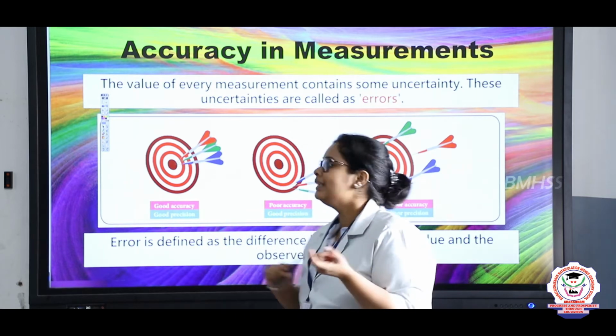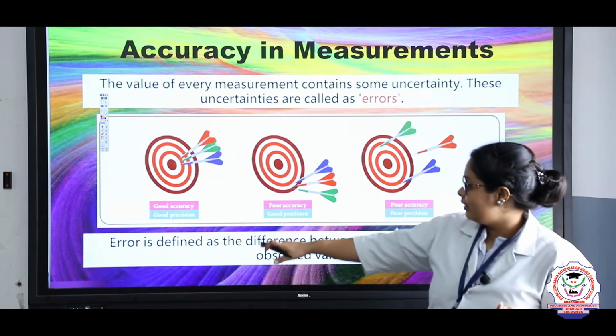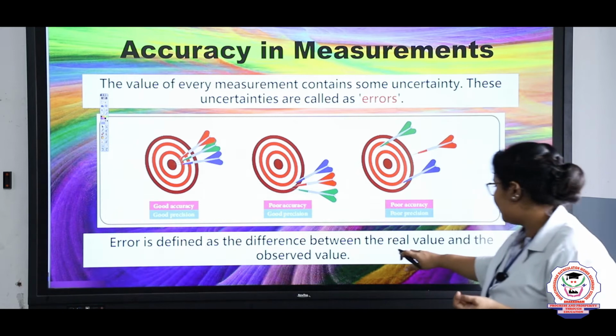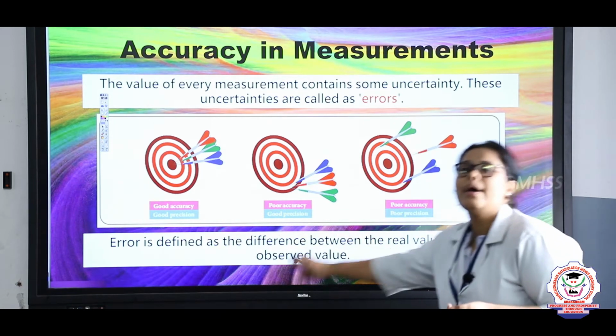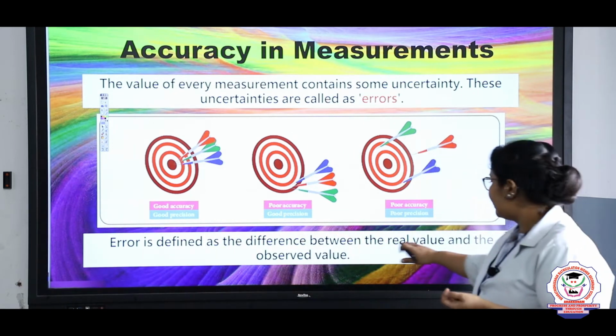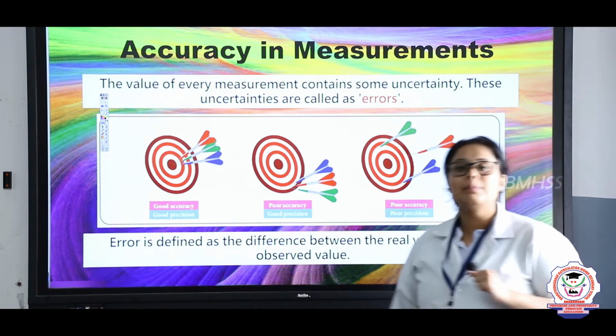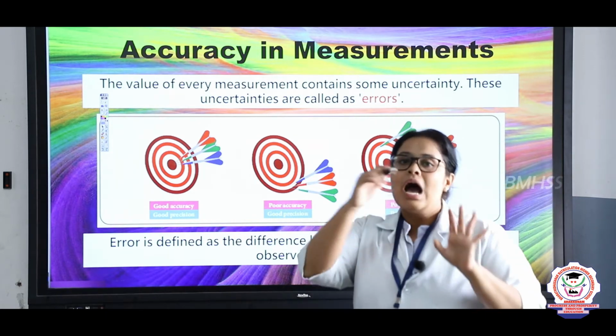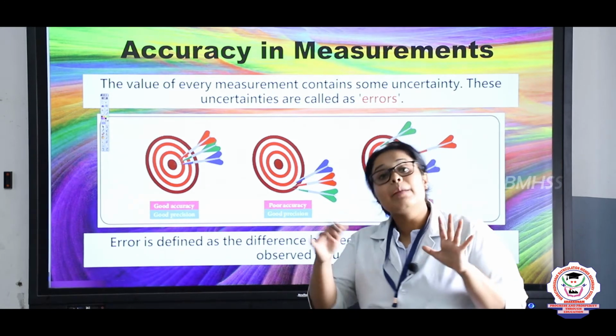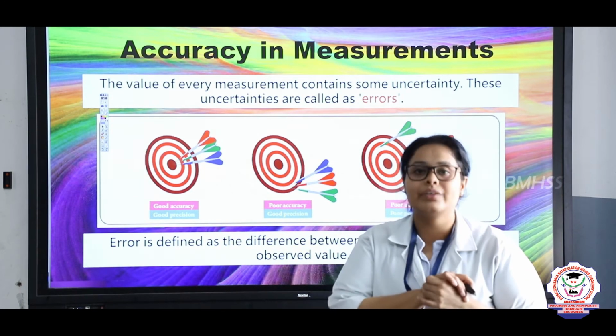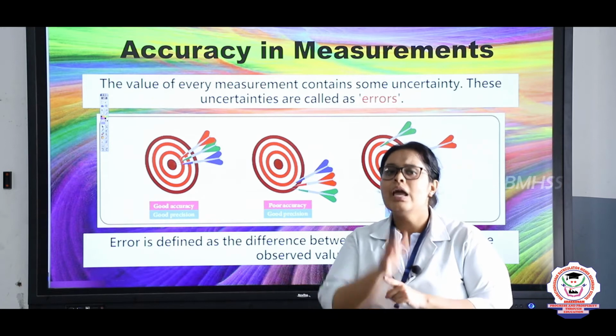Error is defined as the difference between the real value and the observed value. So here the real value I will take as 1 kg and the observed value can be 1 kg 100 grams. It can be 100 grams more or it can be 900 grams, which is not accurately 1 kg.